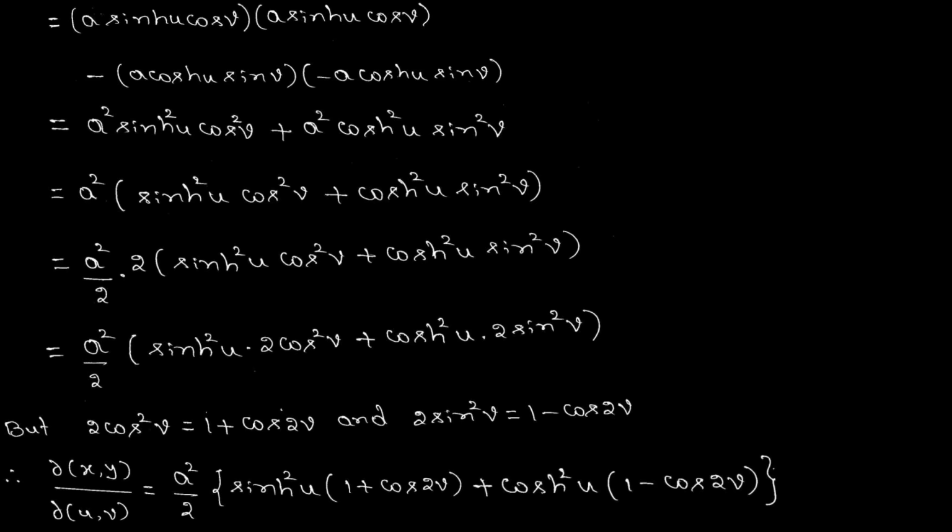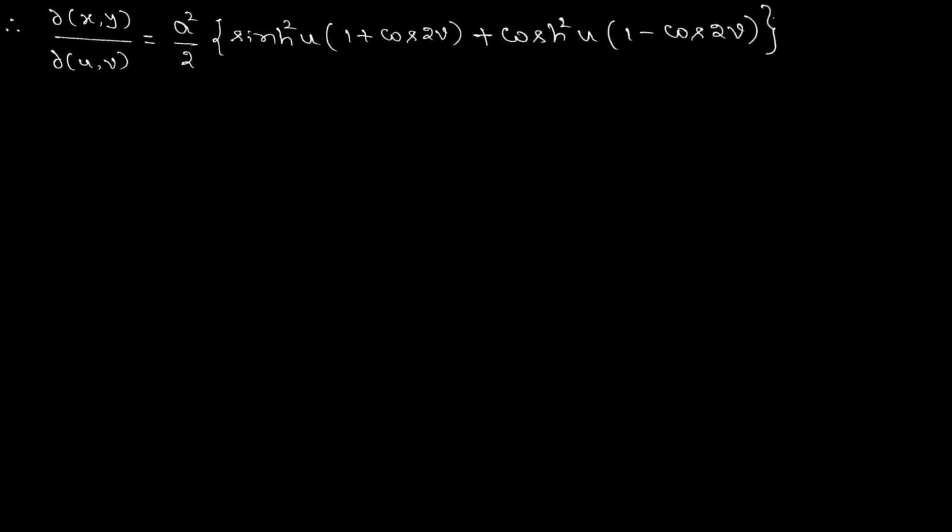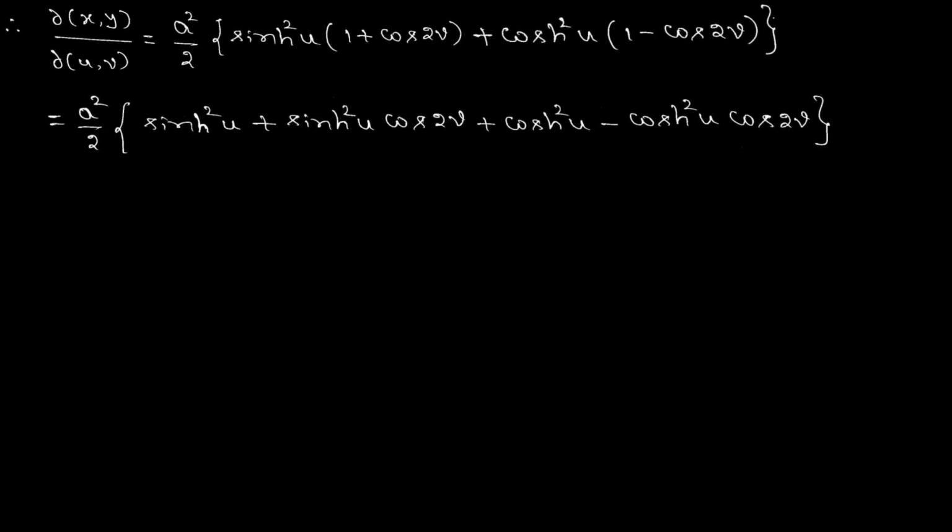Therefore, we have replaced in this place 1 plus cos 2v and in this place 1 minus cos 2v. I have multiplied the sinh square u with this 1 to get here. Then multiplication of sinh square u with cos 2v to get this step. Similarly, we will multiply cosh square u with this 1 and with this to get these two terms.